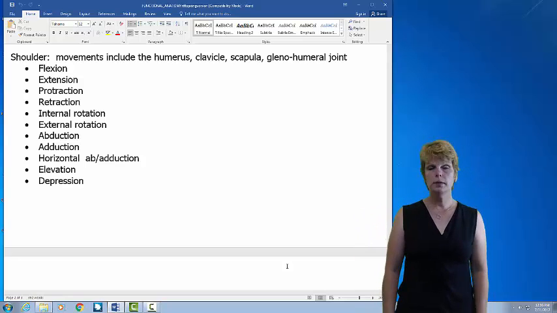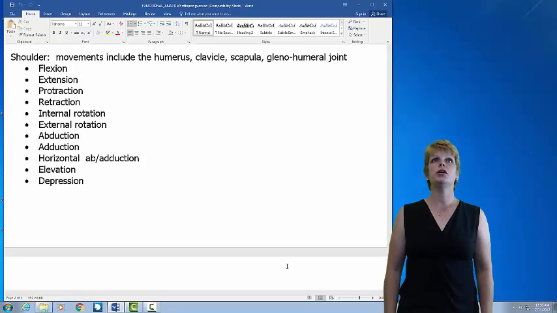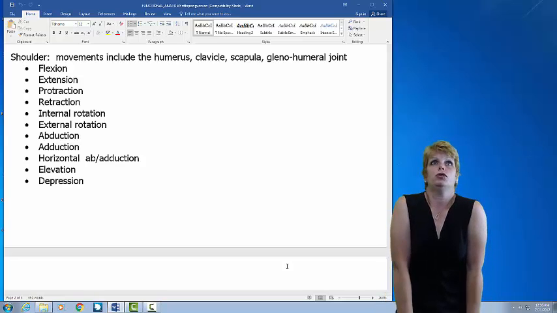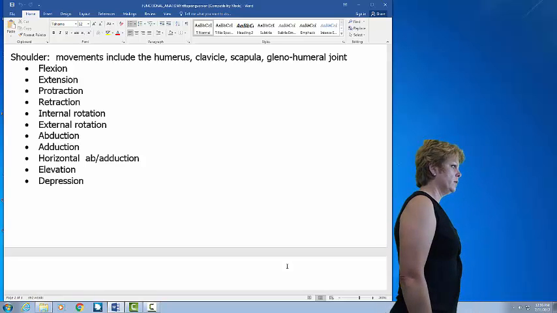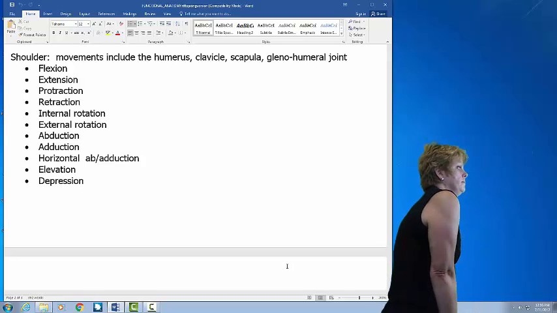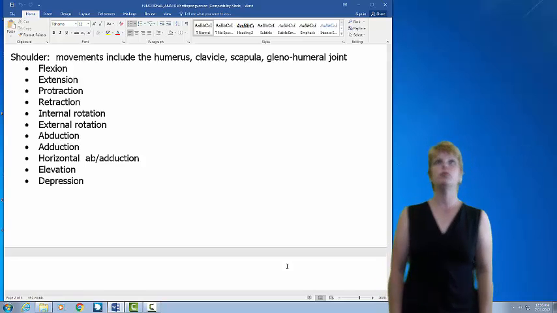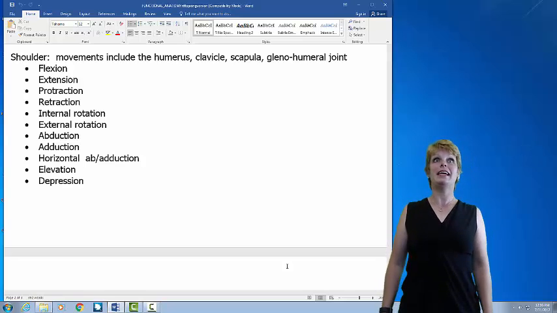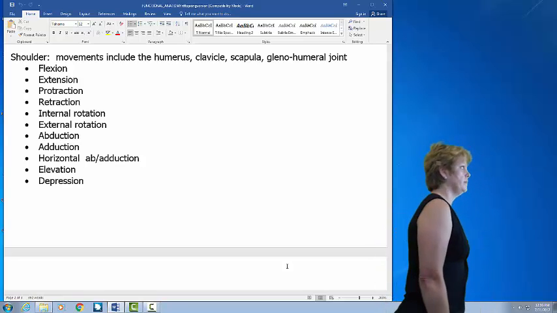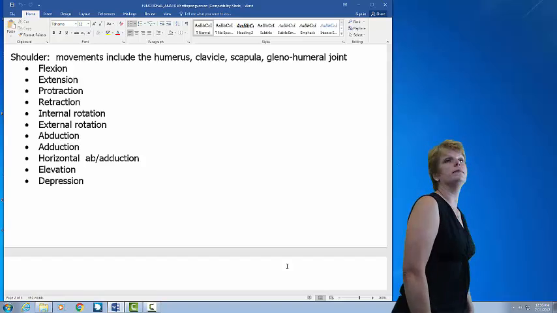Protraction of the shoulders, I will do in 2 different planes. Protraction is if you round your shoulders forward. The next one will be retraction, or stand up straight like your mother taught you.